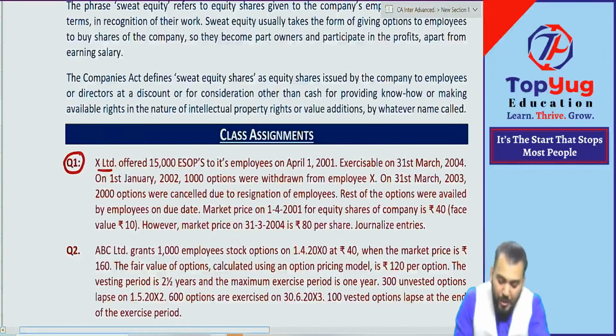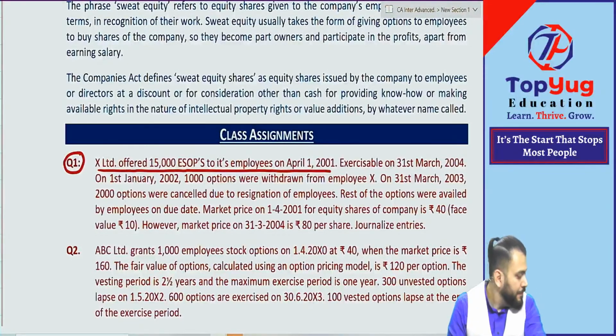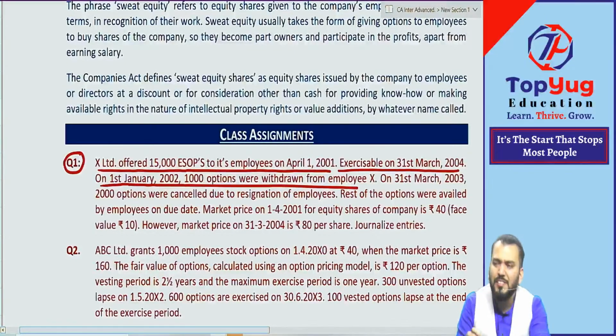X Limited offered 15,000 ESOP to its employees on 1st April 2001. Means 1st April is the grant date. Exercisable on 31st March 2004. On 1st Jan 2002, 1000 options were withdrawn from employees, so it means it is cancelled.